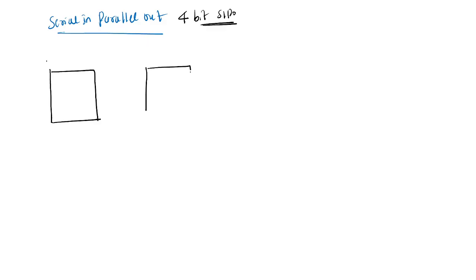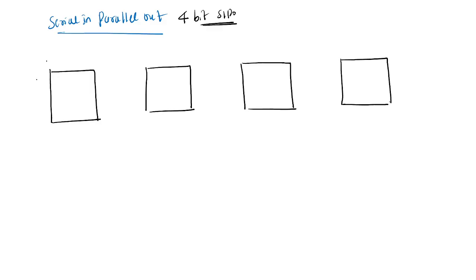So 4-bit SIPO means you have 4 D flip flops, and this is nothing but the serial in data.